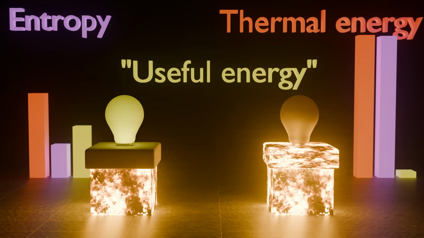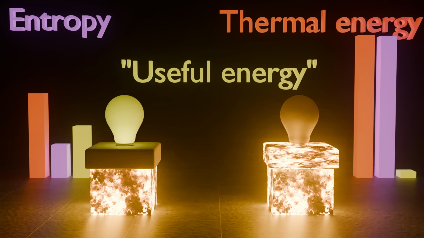Even though both the generator and the cube are extremely hot, so they have a lot of thermal energy. Because of entropy, there's just no way to convert it into anything useful. That's why sometimes a system with more energy but less entropy can be preferable to one with more energy. Because there is just more useful work to be done.